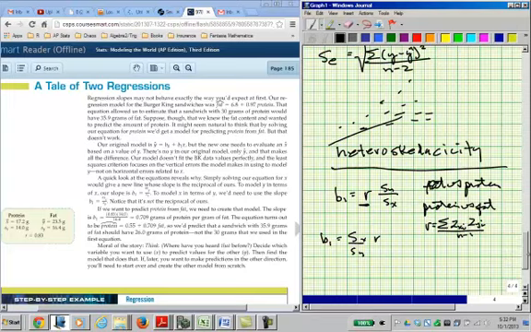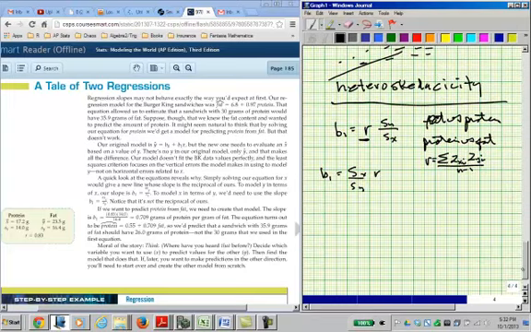And likewise, remember we used x bar comma y bar as a point, and then we did y bar equals b sub 0 plus b sub 1 times x bar to produce b sub 0 when we were doing fat versus protein.